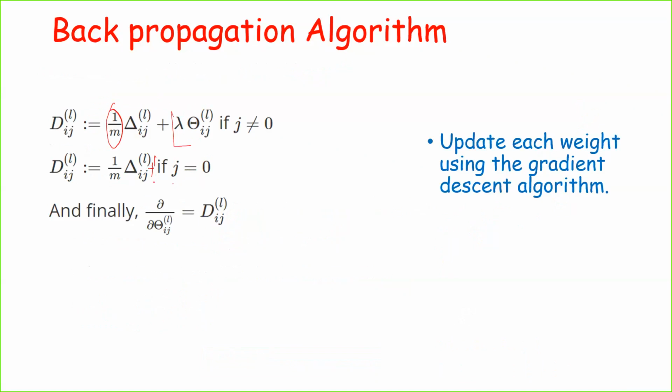That is why there is no additional term here. If j not equal to 0, there is a regularization term also you can consider there. Okay, so finally, this is the final gradient value, right? Which is the average of all the gradients with respect to each and every example. Okay, now once you get these gradients, you can update them using the gradient descent algorithm.